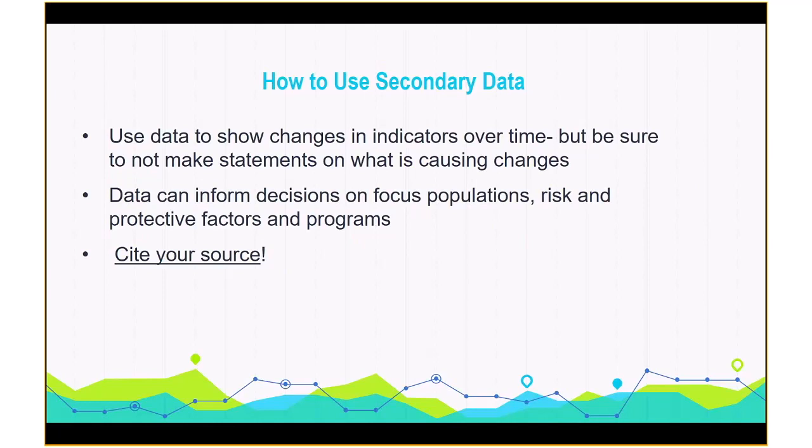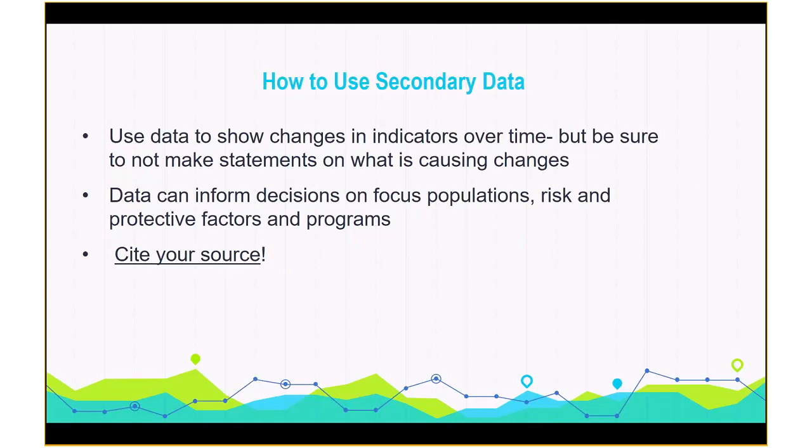So while data is sometimes provided for variables over time for a particular geographic area, you really do need to be careful in making any assumptions or statements on what the data is saying. There could be many reasons data changes over time, and you're not able to make inferences as to why this difference may be occurring, as the secondary data that's provided is a snapshot, and it does not imply causation for any changes.